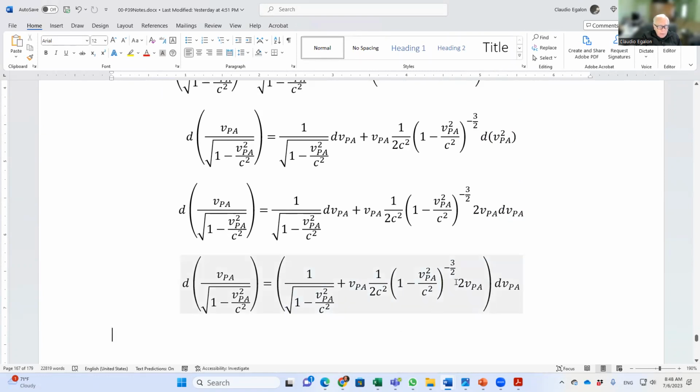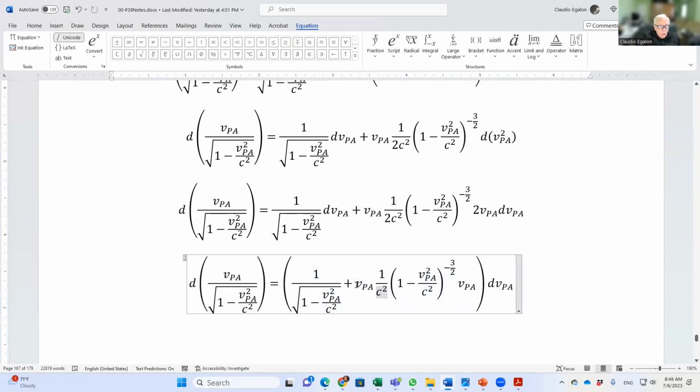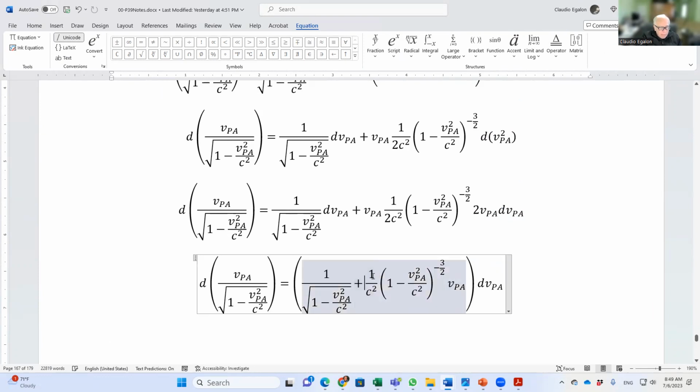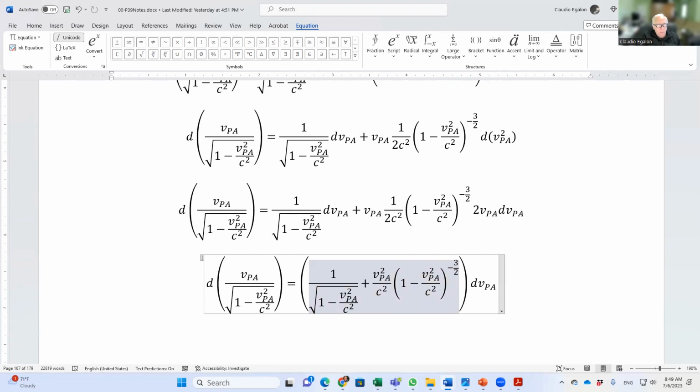The next one we can do is this 2 here. Cancel out this 2. And then we can combine VPA with VPA, right? To get the square value.